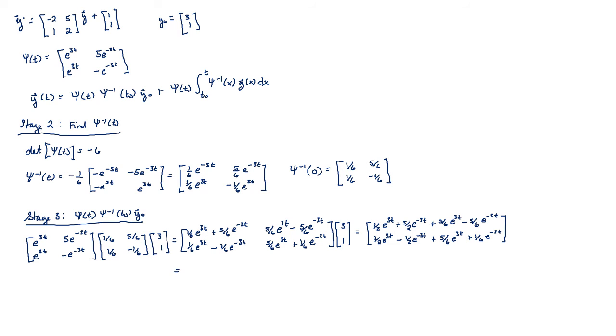So in the top row, I've got some e to the 3t's right here, and some e to the 3t's right here. So that's going to give me 5/6 plus 1/2 is 8/6, or 4/3 e to the 3t power.